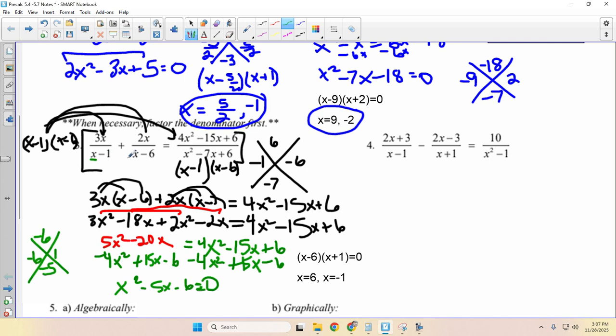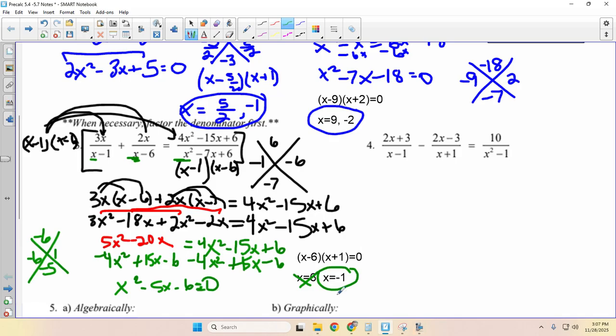But if I put in 6 in either here or here, it will explode my denominator. So we can't have x equals 6, but we can have x equals negative 1.